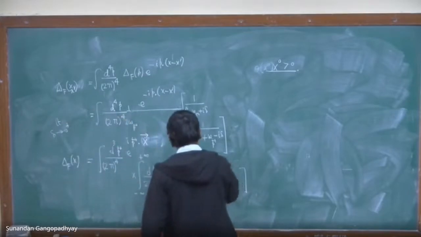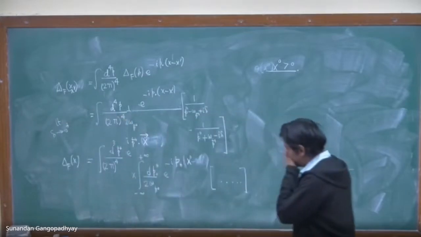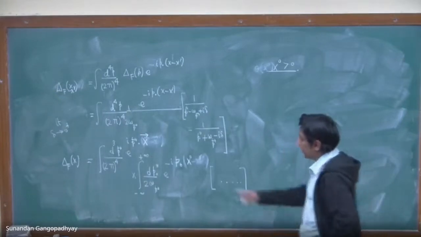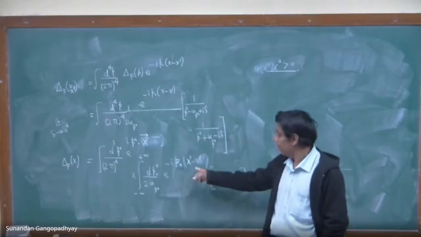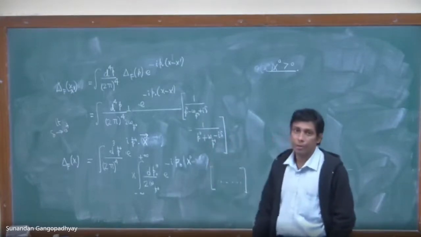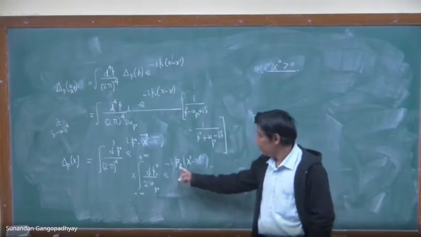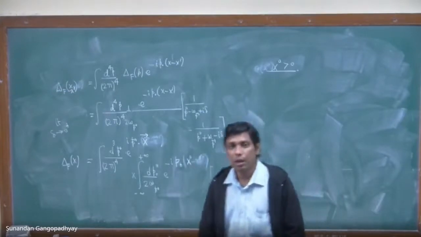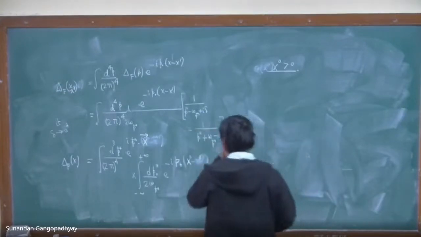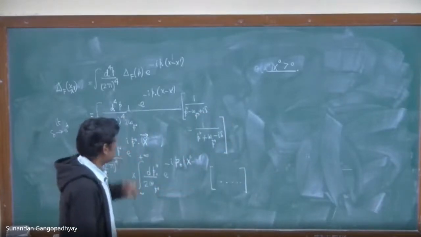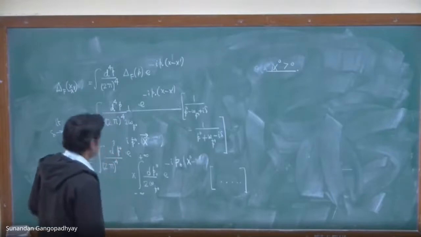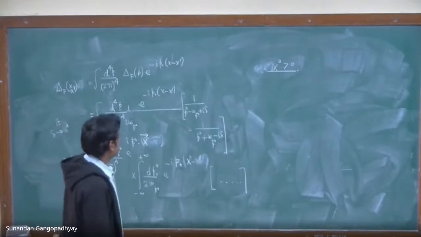If x0 is greater than 0, then you need to close the contour in the lower half plane. Then only the contribution from the semicircular arc will be 0. In the lower half plane, it will enclose the pole at omega p minus i delta. The contribution from this pole will be nonzero.